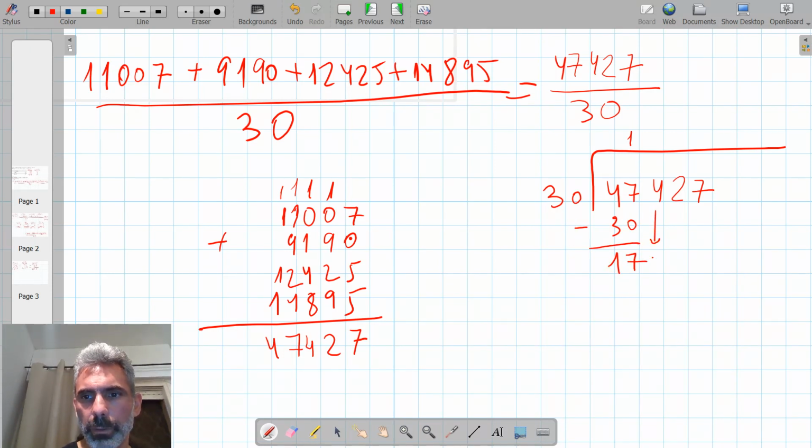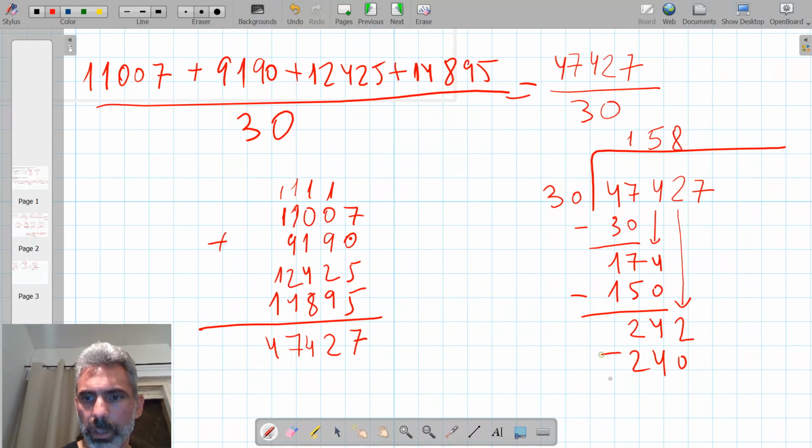Bring down the 4. 30 goes into 174 5 times. 5 times 30 is 150. Remainder is 24. Bring down the 2. 30 goes into 242 8 times. 8 times 30 is 240.